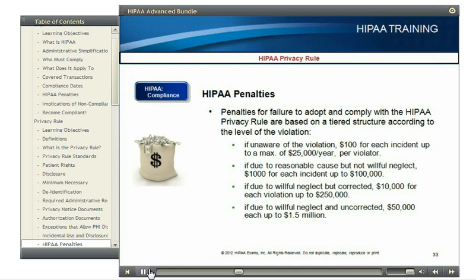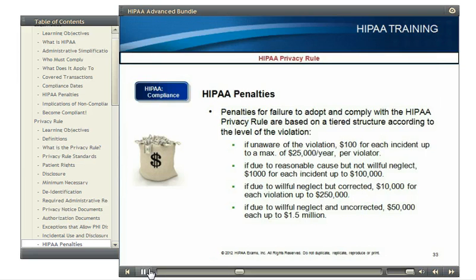HIPAA penalties. Penalties for failure to adopt and comply with the HIPAA privacy rule are based on a tiered structure according to the level of the violation. If unaware of the violation, $100 for each incident up to a maximum of $25,000 per year per violator.